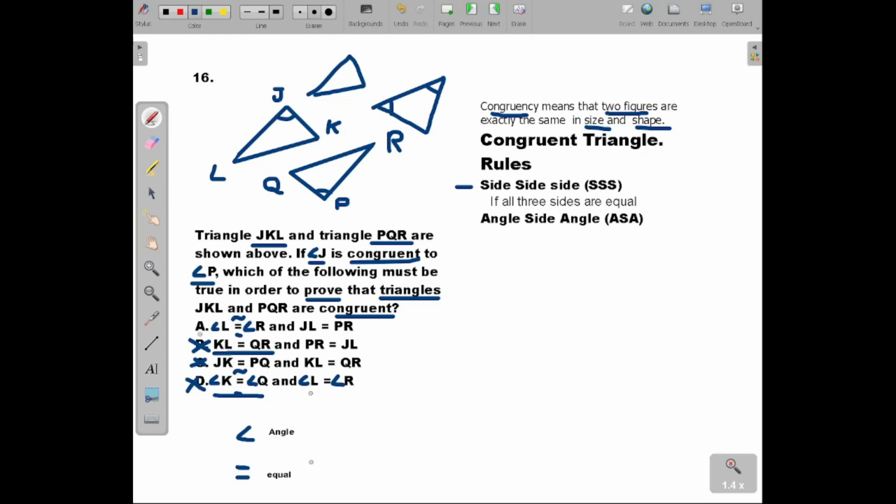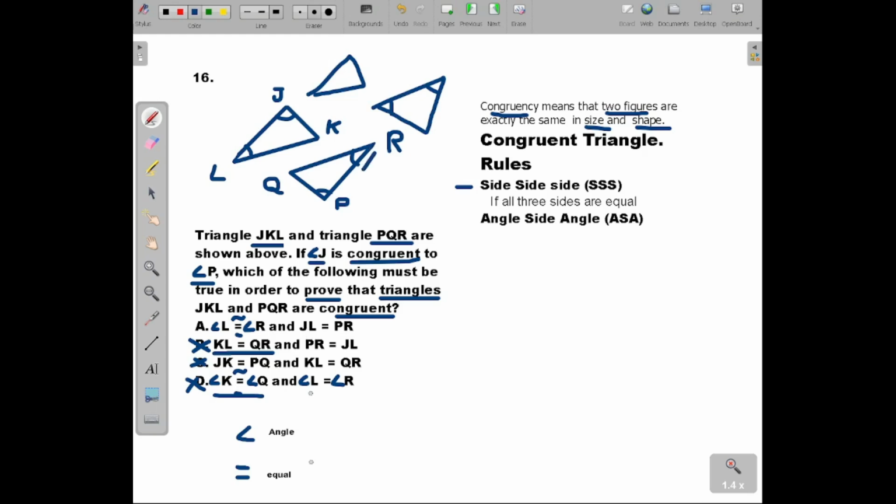Which leaves us with one option. So we know J is congruent to P, and angle L is congruent to angle R. And then we need one side that is next to one angle that we know is congruent, which is PR.